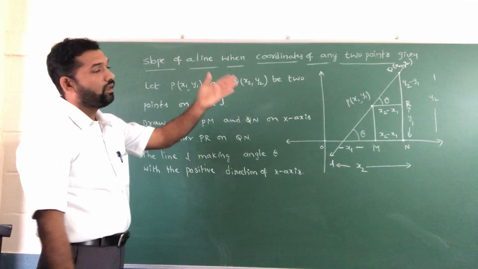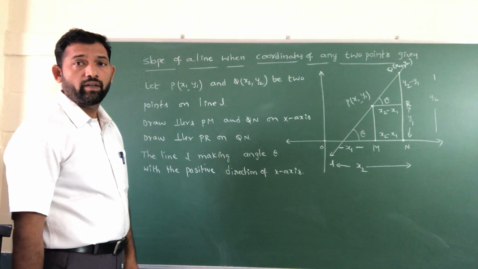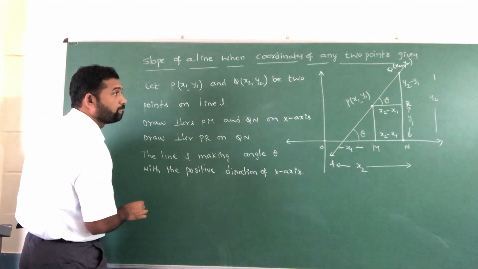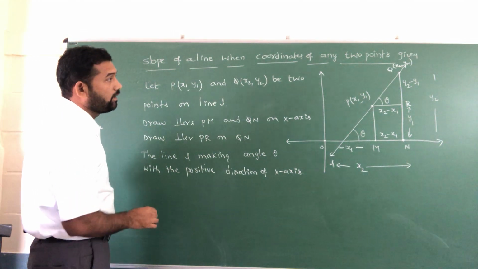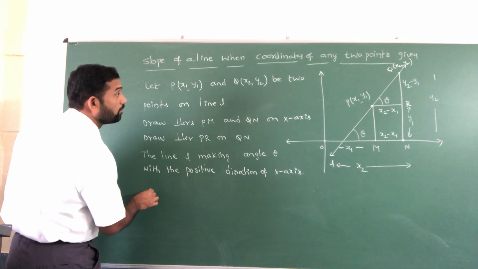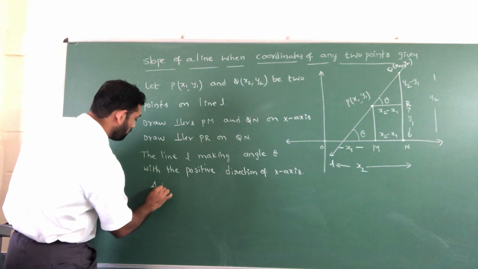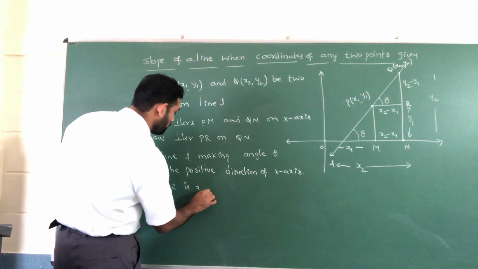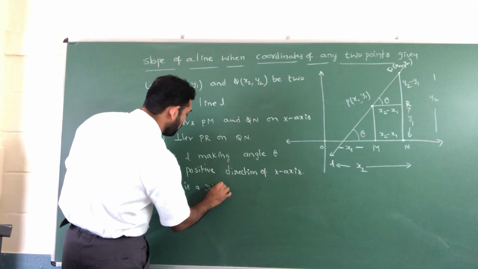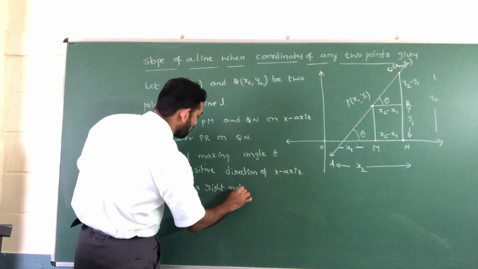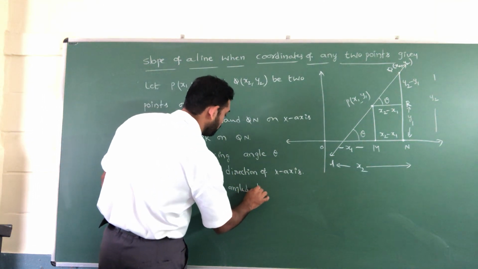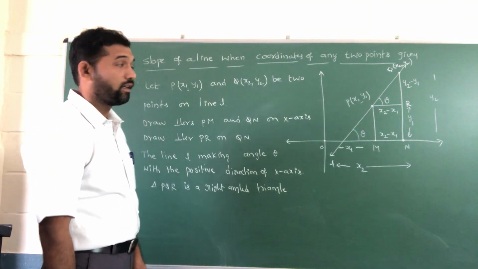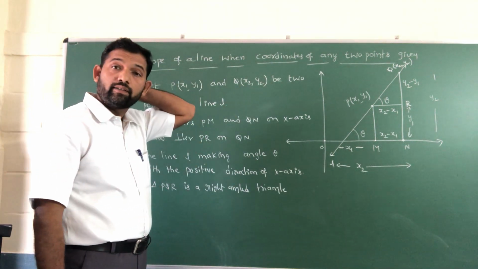Now after forming these perpendiculars we got a right angle triangle. Triangle PQR is a right angle triangle, and the angle made is theta.